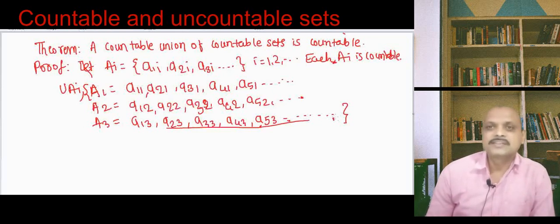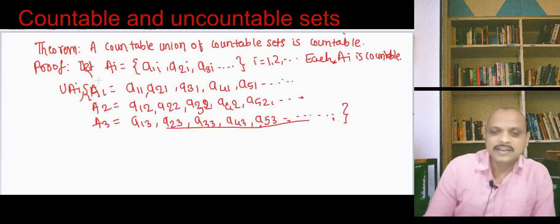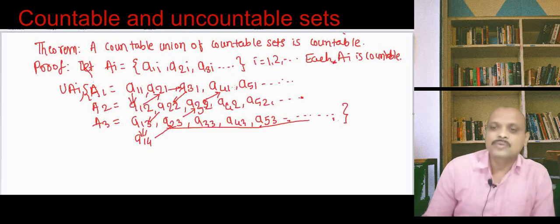Now we arrange the elements in such a way that A11 is our first element. Then let us take A12 as the second, A21 as the third, A31 as the fourth element, then A22, then A13, then A14, A24, A23, A32, A41, like this.